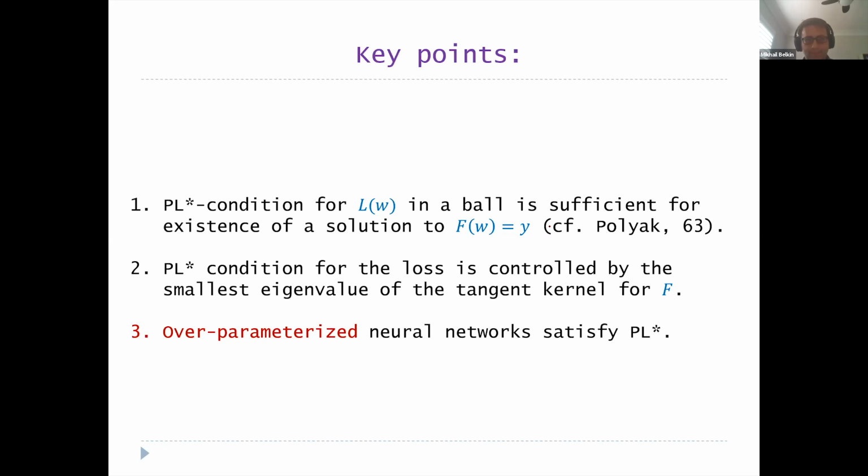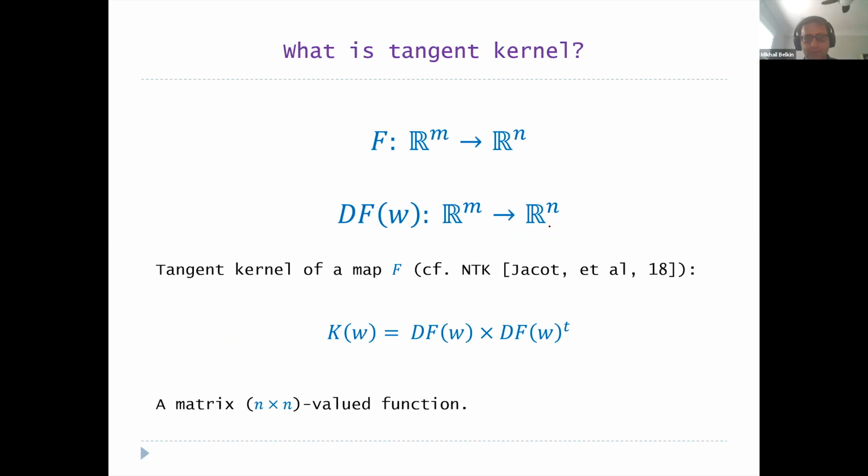Okay, now I'm going to go through these points and at least give some idea why they are true. It's actually not particularly difficult to see that all of this must be true. First, what is the tangent kernel? I think probably everybody knows already, but let me present it in this form. Suppose you have a map from R^m to R^n. Then you simply have a derivative of this map, and this derivative is a matrix.